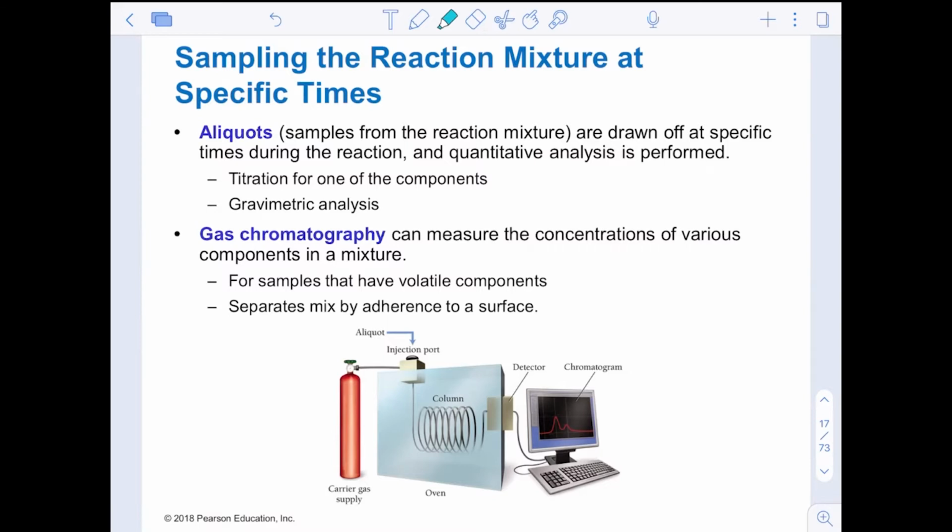You can do titrations if we're talking about slower reactions, or gas chromatography is another type of separation technique. If you know you have multiple reactants, multiple products, and you want to separate those at a specific aliquot or a given point in time, you can use a separation technique, which is called chromatography.